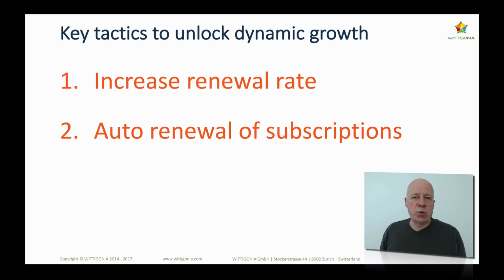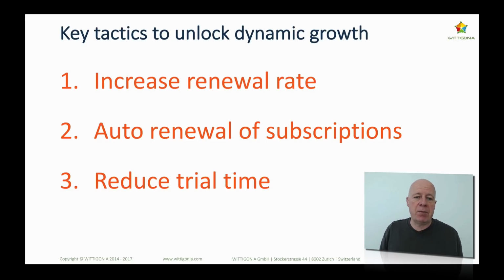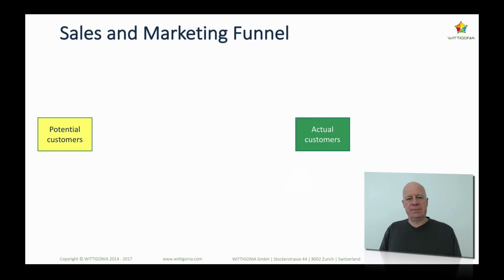Second, to switch from, let's say, an annual renewal process to an automatic renewal process. Again, we will see what the implications and the impact is. And the number 3, which is a little bit of a tricky topic, so I have to caution you here, is to reduce the trial time. So this has, from a dynamic perspective, also a couple of side effects here.